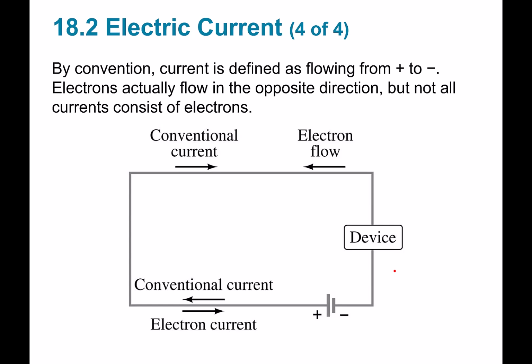So we again move to the slide where we talk about conventional current and the direction of the current. In many real circuits, wires are grounded and connected to a common conductor that provides continuity.